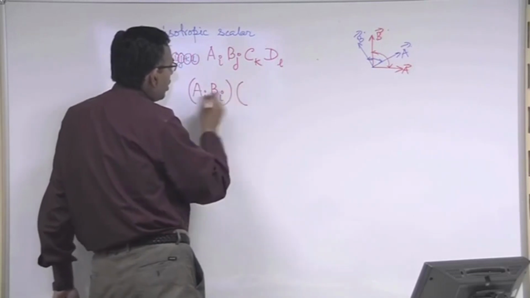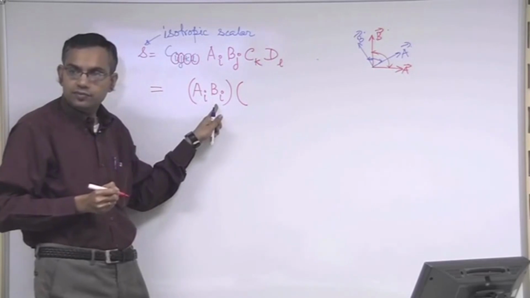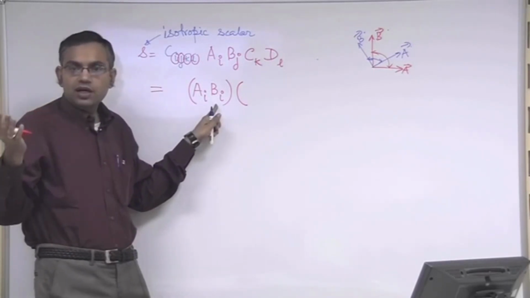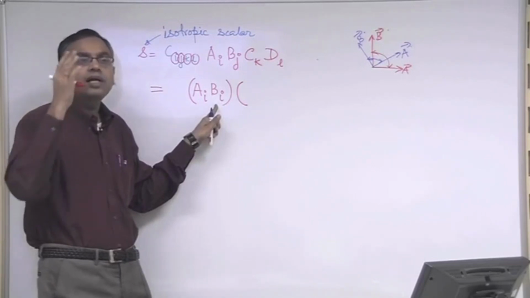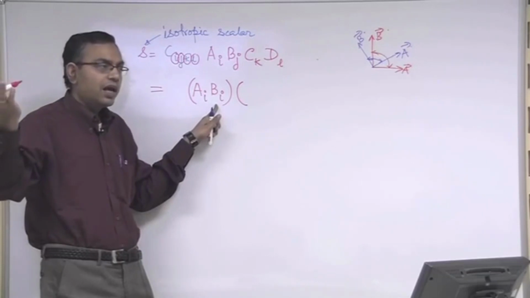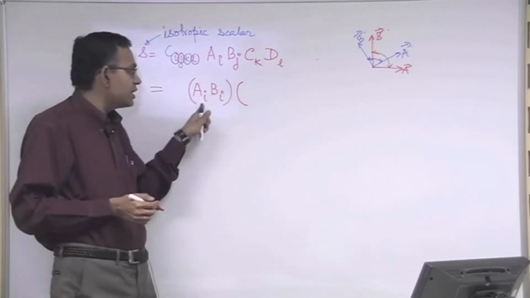So A dot B can be written as Ai Bi, because A dot B means the multiplication of one element of the vector A with the corresponding element of the vector B and summing it up for i equal to 1 to 3. So this is A dot B actually.